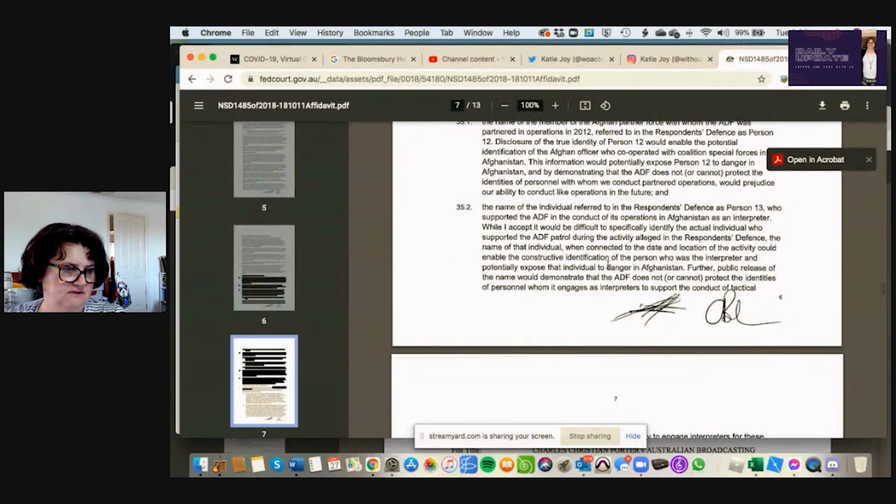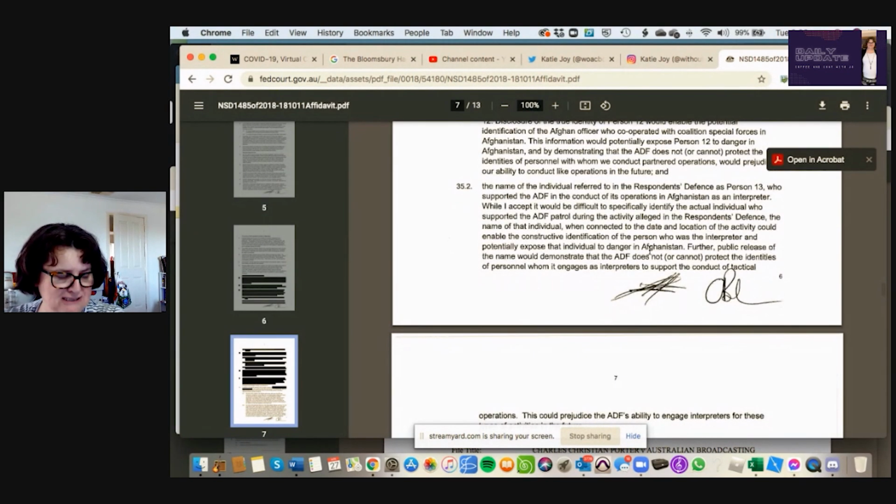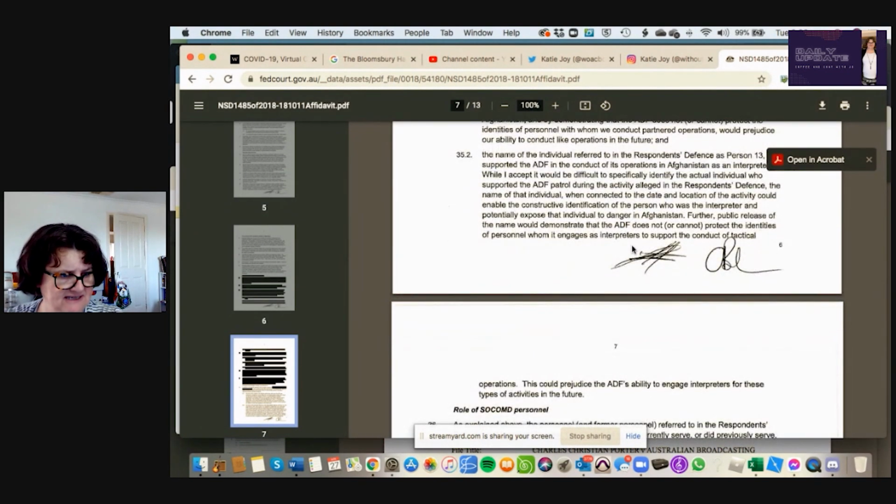The name of the individual referred to in the respondent's defence as Person 13, who supported the ADF in the conduct of its operations in Afghanistan as an interpreter. While I accept it would be difficult to specifically identify the actual individual who supported the ADF patrol during the activity alleged in the respondent's defence, the name of that individual, when connected to the date and location of the activity, could enable the constructive identification of the person who was the interpreter and potentially expose that individual to danger in Afghanistan.